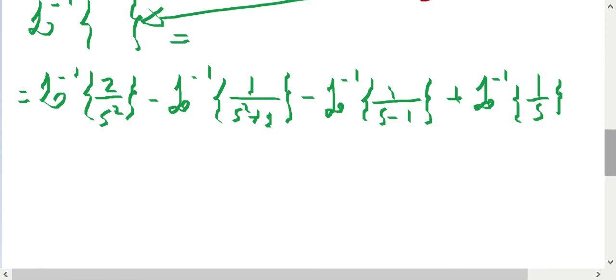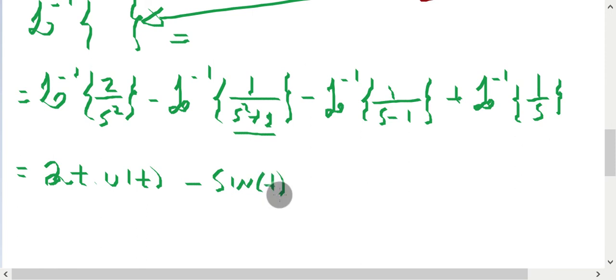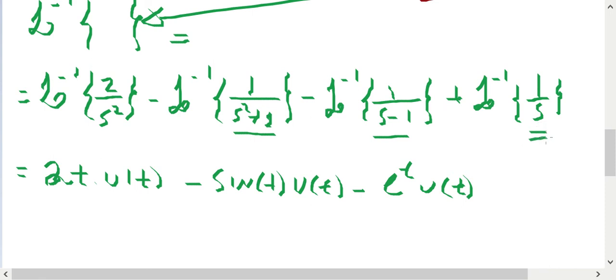Finally, we have that the inverse Laplace transform of 2 over s squared is equal to 2t times our step function, minus the inverse transform of 1 over s squared plus 1, which is actually sine of t times our step function, minus the exponential of t times our step function, and the last one is just our step function.